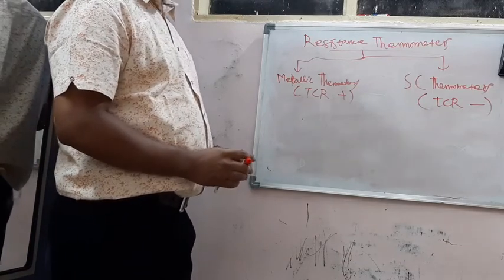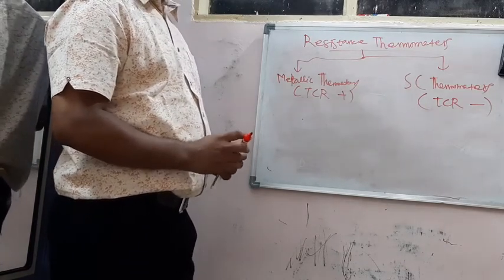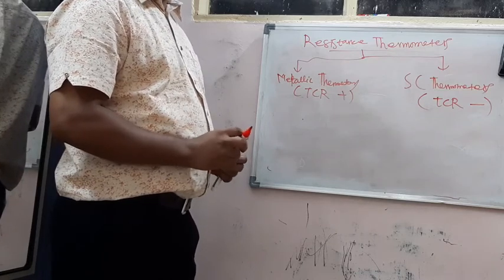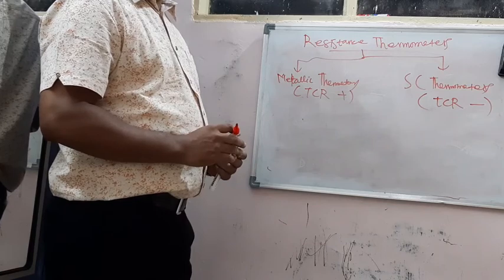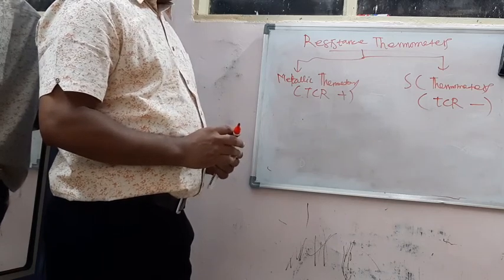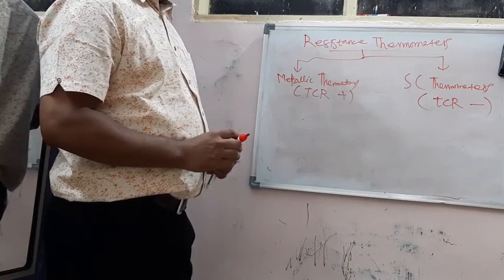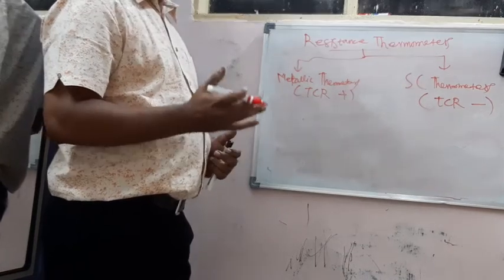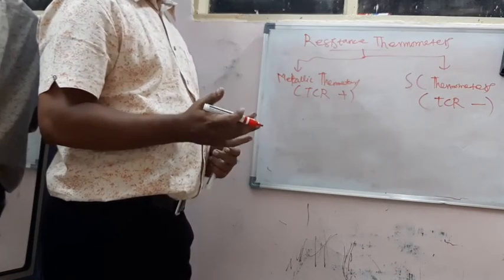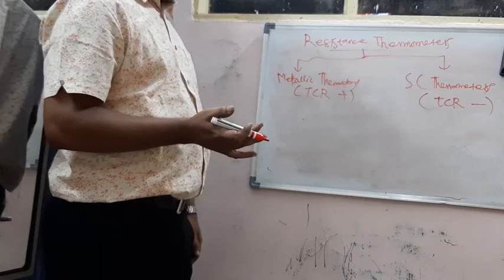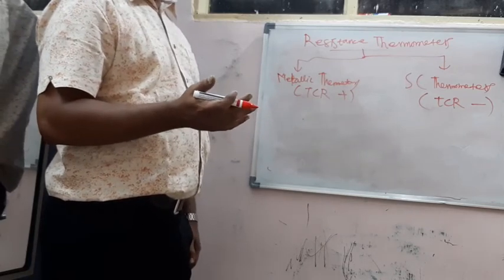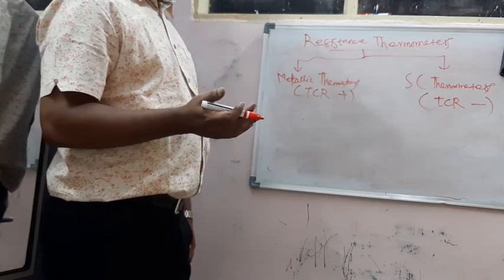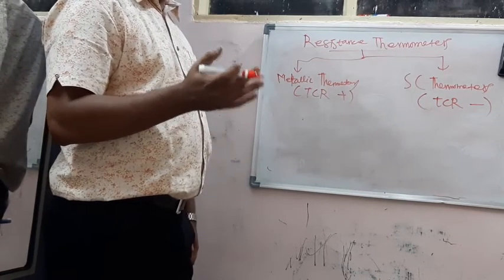So these metallic and semiconducting thermometers are used in different places, starting from microwave ovens to furnaces, high temperature furnace and low temperature furnace, and even in many automobile engines to monitor varying temperature.